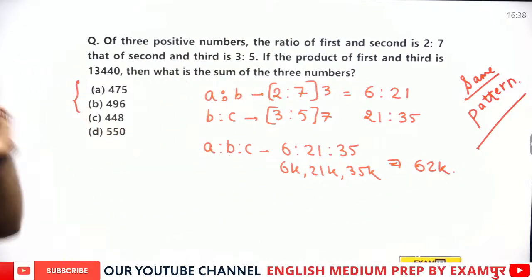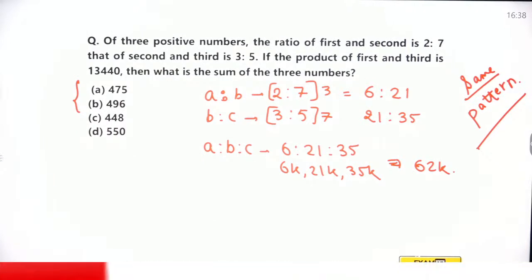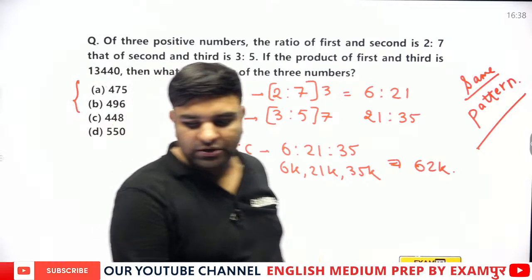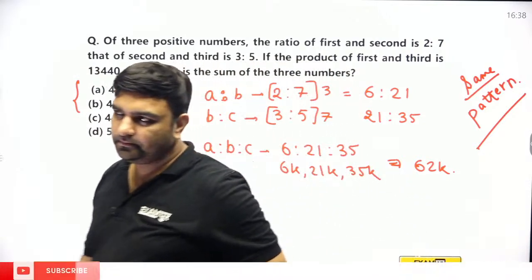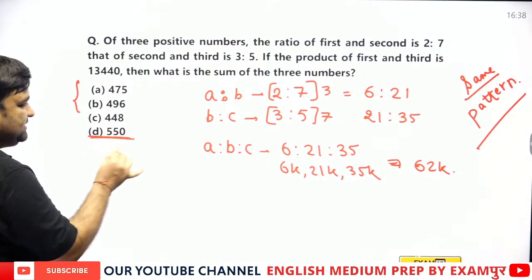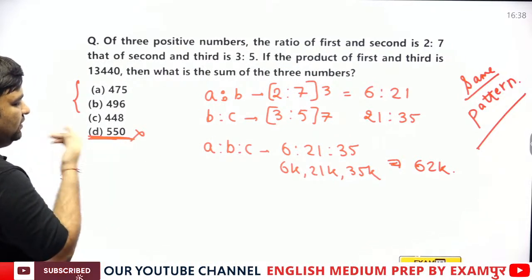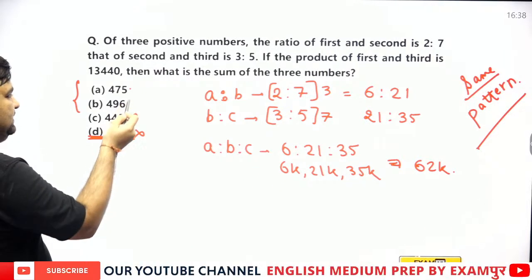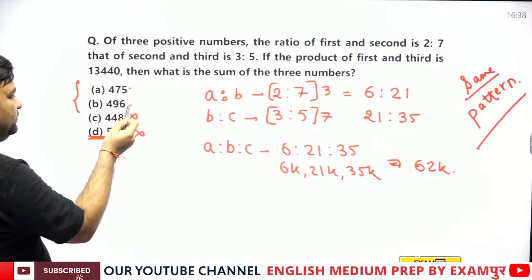So we will check the multiple of 62 or 31. So is it? No. 31, 138, no. I think these two are multiple of 32.